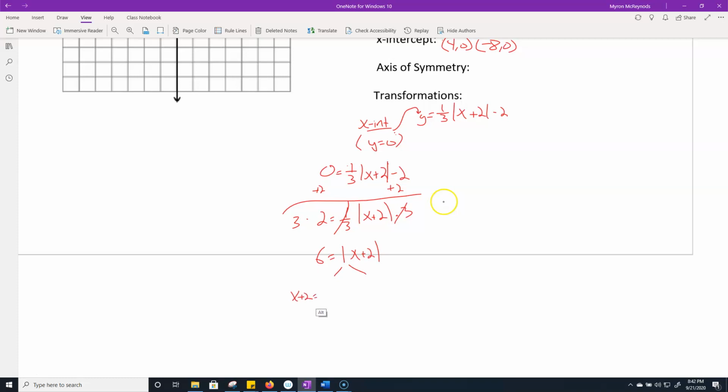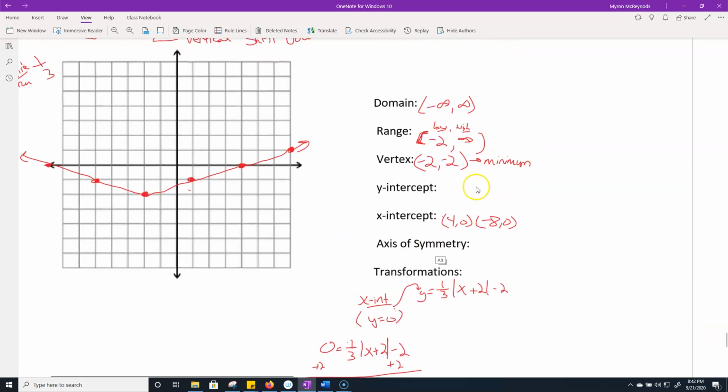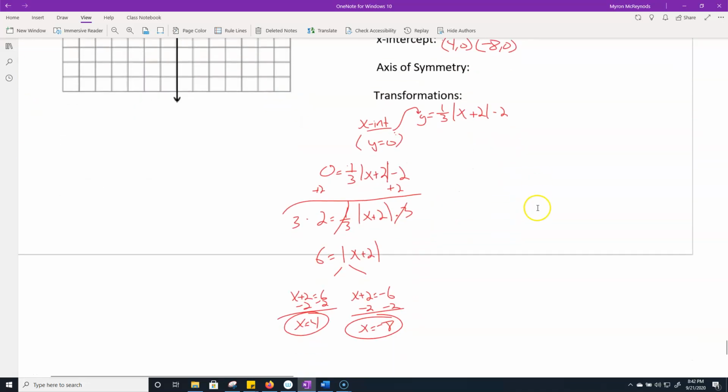X plus 2 equals 6. X plus 2 equals negative 6. So do a minus 2 to both sides. You get x equals 4. And on this one, you do minus 2 to both sides. You get x equals negative 8. And those both matched what we got, 4 and negative 8, so that works.